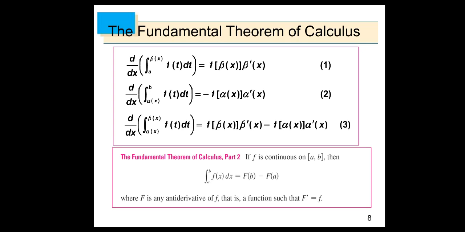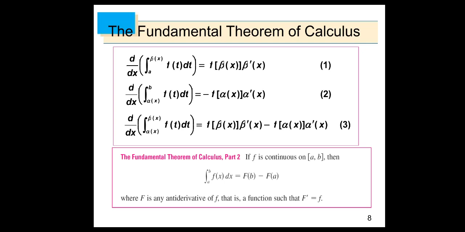In the second one, the upper limit b is a constant and the lower limit is a of x, which is a function. We will have minus f of a of x into the derivative of a of x. And in the third one, the lower limit is a of x and the upper limit is b of x.